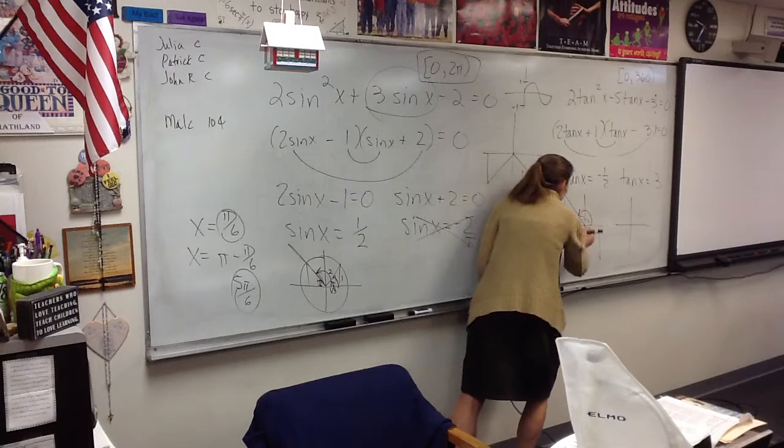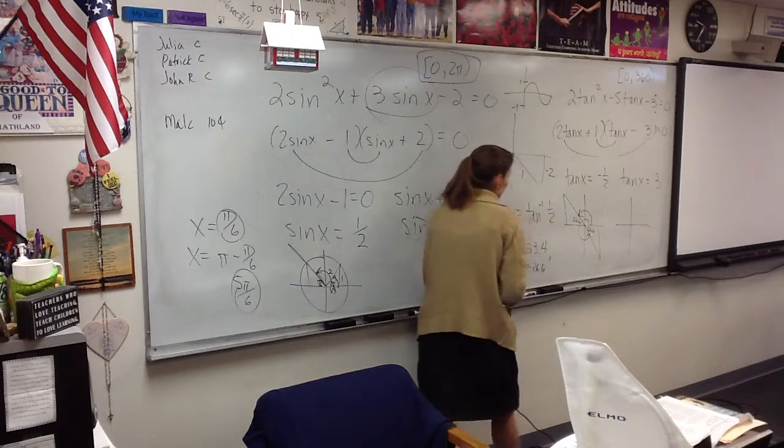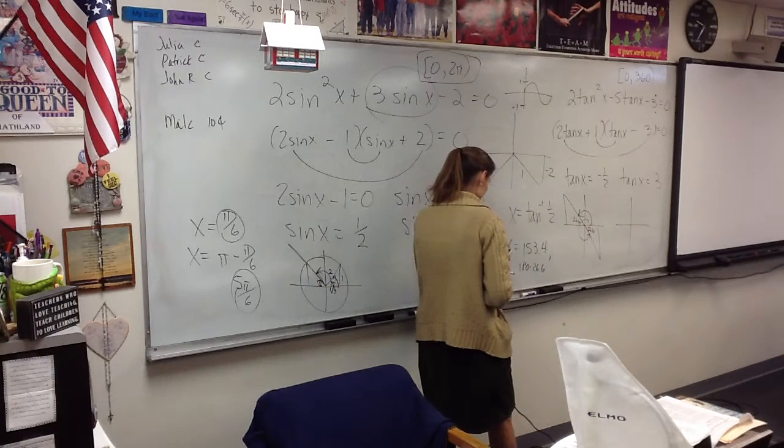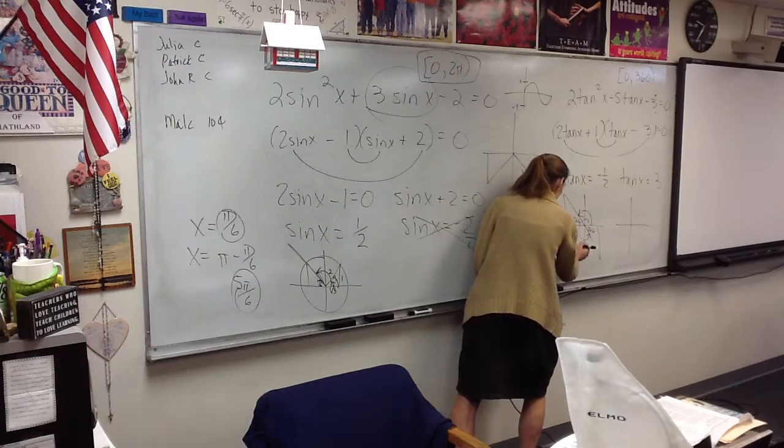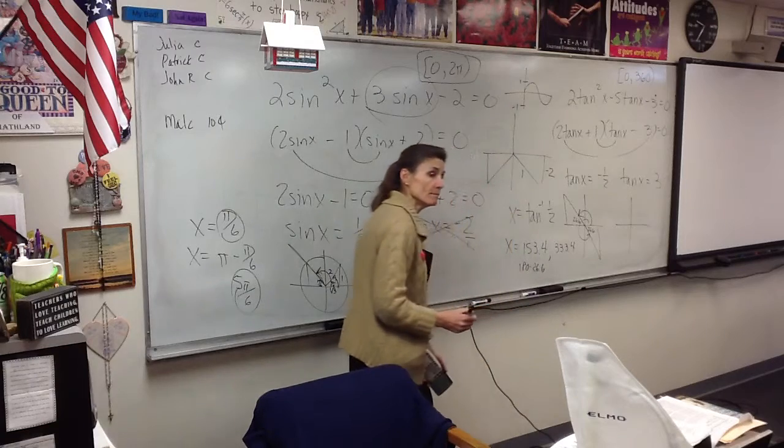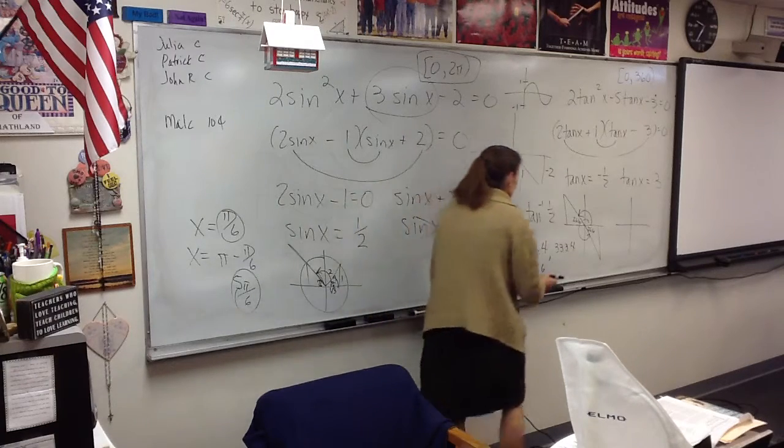And then the other answer's all the way around here. What's that one going to be? 333.4. And how'd I get that one? 360 minus 26.6.